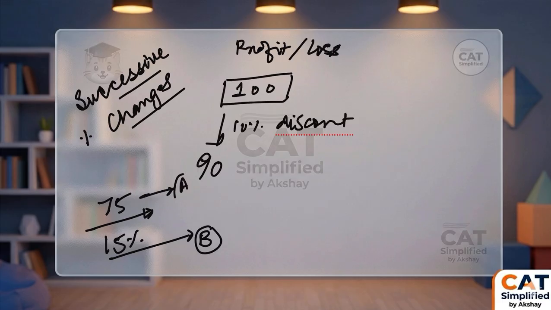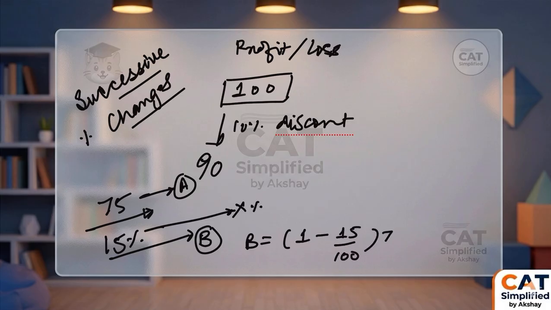It was A. B is 15% less than A. That means B is going to be equal to 1 minus 15% of 75, which basically means 85 into 75 divided by 100. Fair enough?